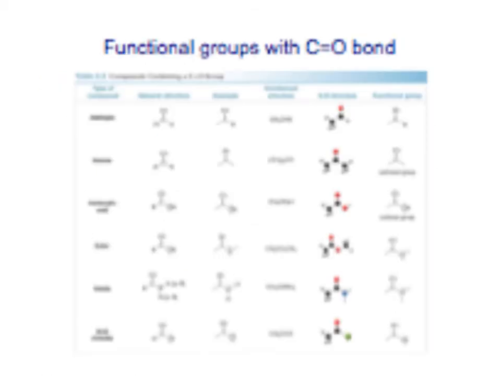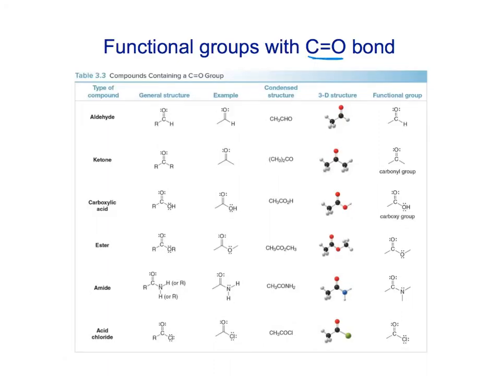The last group is a really big group of functional groups here, and these are the ones that have this carbon-oxygen double bond, the carbonyl group. Now, the generic form of this is really R, carbonyl, with some Z, with some other group.